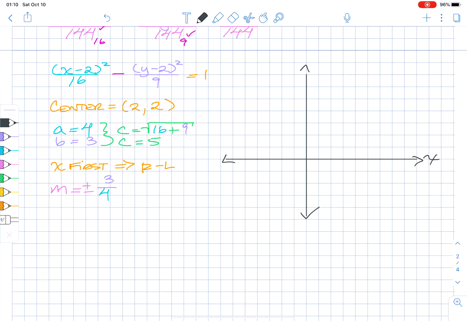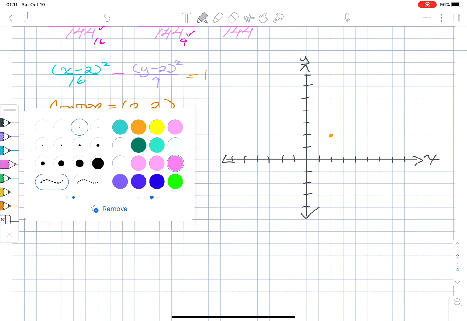So x and y have 1, 2, 3, 4, 5, 6, 7, 8. 1, 2, 3, 4, 5, 6, 7. 1, 2, 3, 4, 5, 6. 1, 2, 3, 4. Okay, so we're at 2, 2. We know that through 2, 2, we have 2 asymptotes.